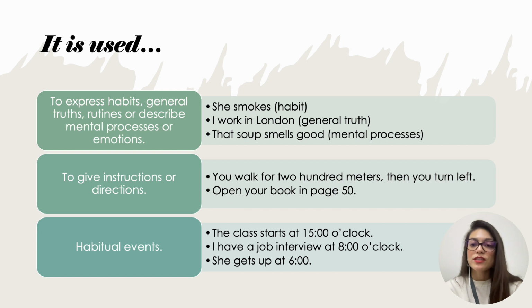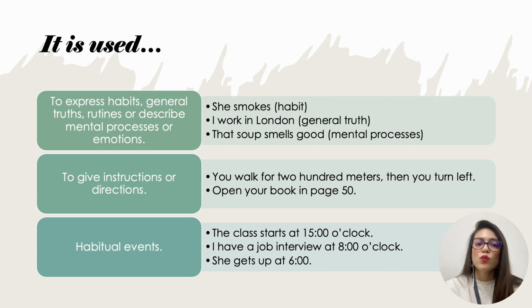So as you remember, the simple present, we can use it to express habits, general truths, routines, describe mental processes or emotions. For example, she smokes, that's a habit. I work in London, that's a general truth. That soup smells good, that's a mental process. Also to give instructions or directions.